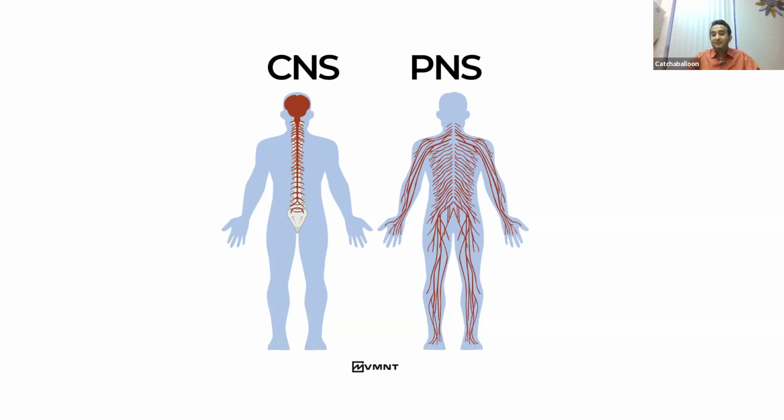But that PNS, or peripheral nervous system, doesn't have any thought, doesn't have mind. It is mindless. It is automatic. It is reflexive. It is something that you just feel, but you don't understand what that feeling is about.